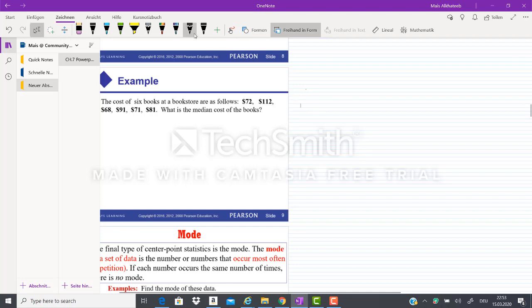At first, the first number is 68, so I write 68. Then the second number is 71, I write 71. Then the next number is 72, so I write 72.